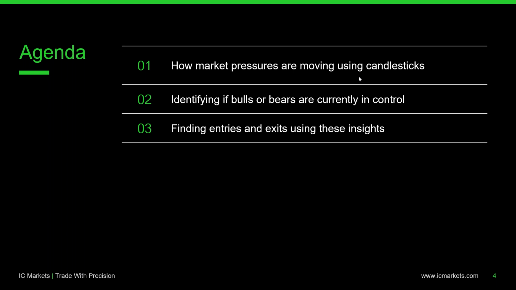Going to point 2 there, identifying if bulls or bears are currently in control. You heard me say that I am a technical based trader and predominantly a trend or momentum based trader. That means that the majority of the trades that I take are with the overall trend. Now, it will depend somewhat on the time frame that I'm trading as to what time frame I need to know if the bulls or bears are in control.